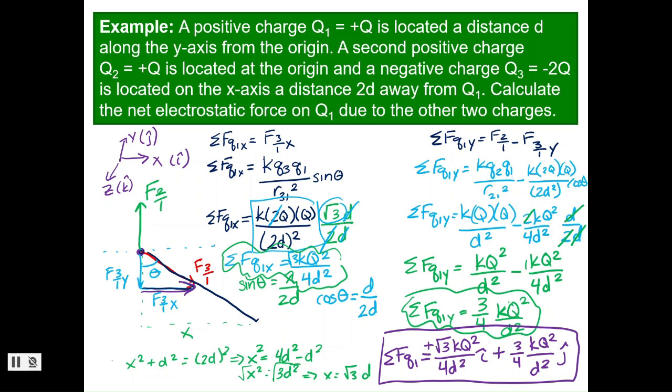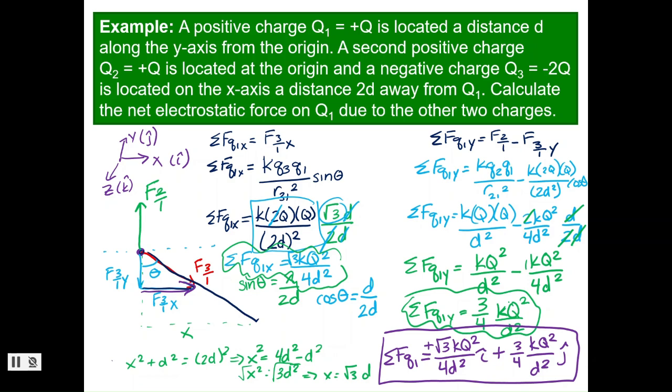Now, if it did ask for magnitude and direction, what I would have to do is use the Pythagorean theorem to find the hypotenuse of that. I'd have to find the angle, and that would be really messy. I don't need to do that unless it specifically asks me for it, but that's probably what you are more familiar with. Additionally, we're not working with things like north and south and east and west, or above or below the horizon, so direction gets complicated.